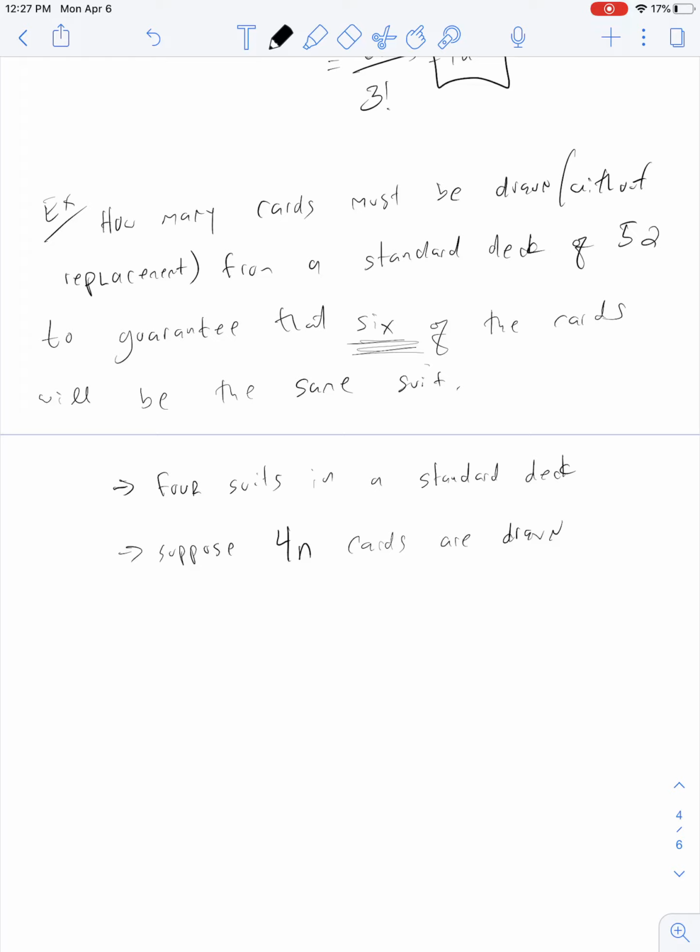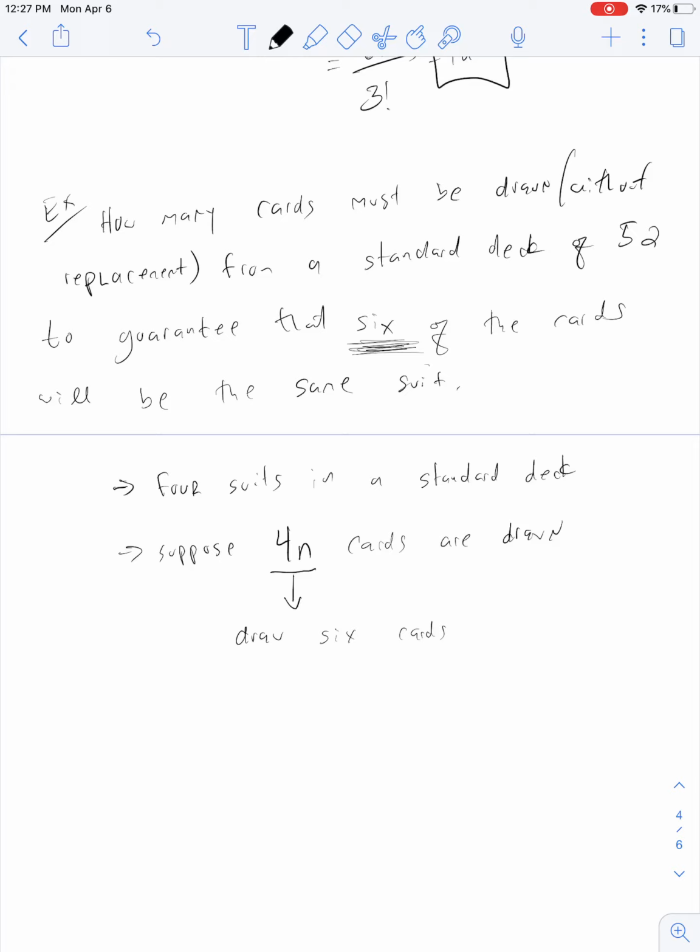And what we want is we're looking at this 4n, and we want to draw 6 cards. So we want to get really close to that 6, but we don't want to reach that 6.